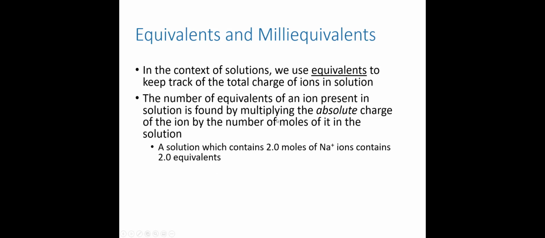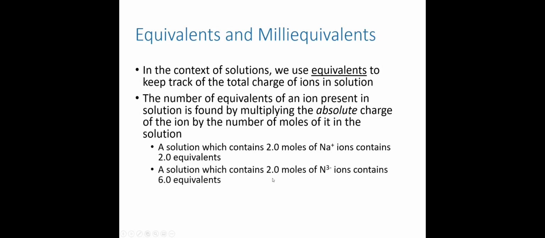So this is kind of confusing, I think, without looking at an example. So let's say we have 2 moles of sodium ions. The charge of sodium is 1, specifically positive 1, and the absolute value of 1 is just 1. So the number of equivalents would be 2.0 times 1, so that would be 2 equivalents. On the other hand, what if we had nitride ions?